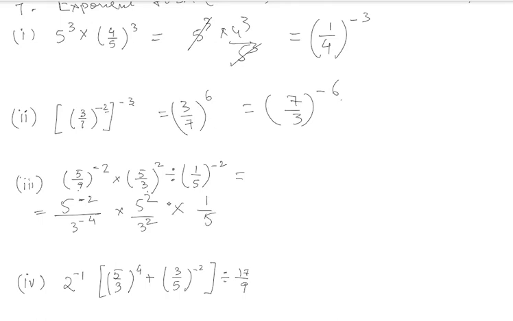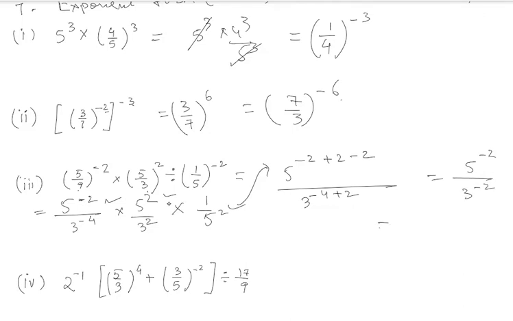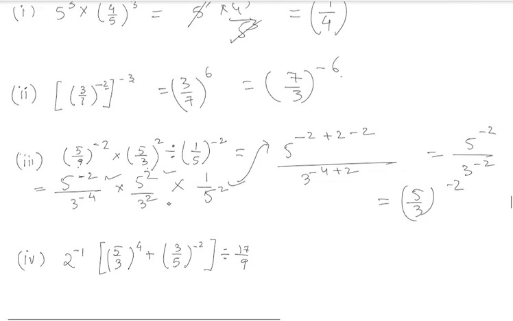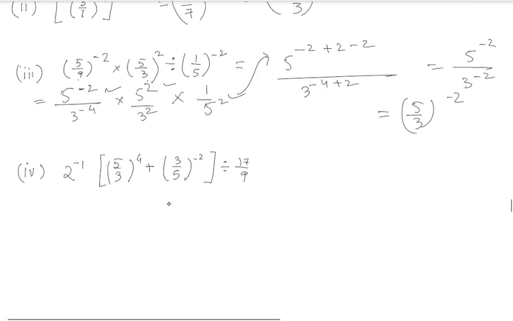So when the 2 times reciprocal is done, the reciprocal is not seen anymore. So now I can write this as 5 to the power minus 2 plus 2 minus 2, these 3 together, and in the denominator 3 to the power minus 4 plus 2, that's 5 to the power minus 2 by 3 to the power minus 2. I can also write this as 5 by 3 to the power of minus 2, because the base powers were same, I took it together.